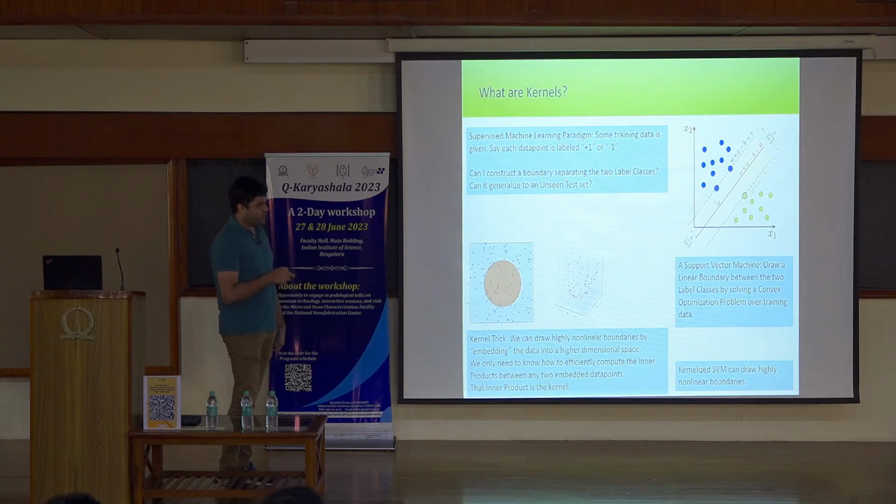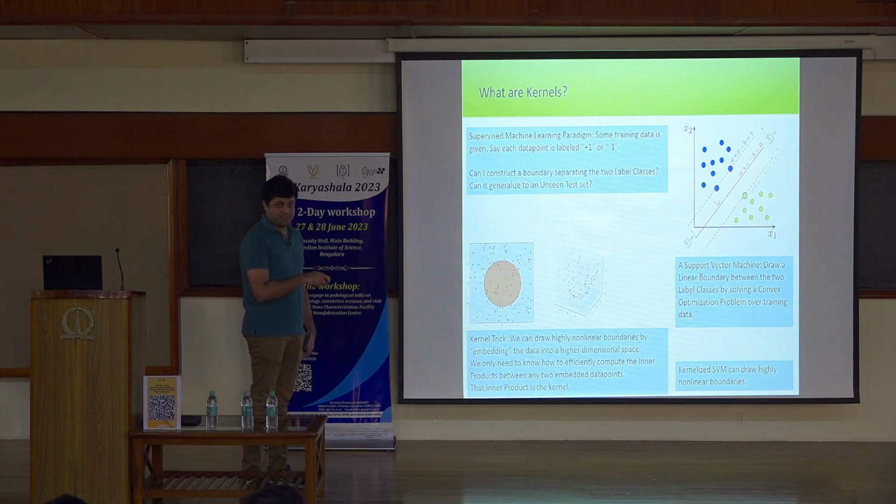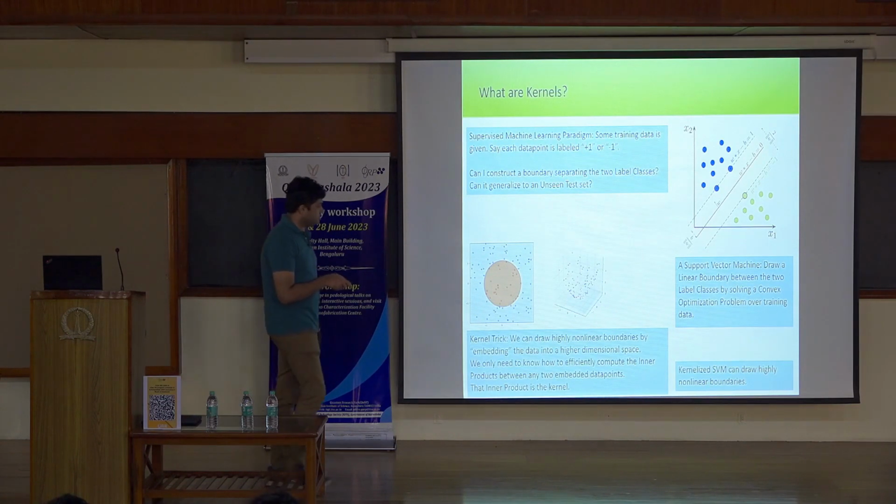But what is nice is that support vector machines have performance guarantees. You can mathematically show that you can bound the generalization error on an unseen test set and things like that. For that reason, it's a very crucial method with very strong mathematical guarantees.